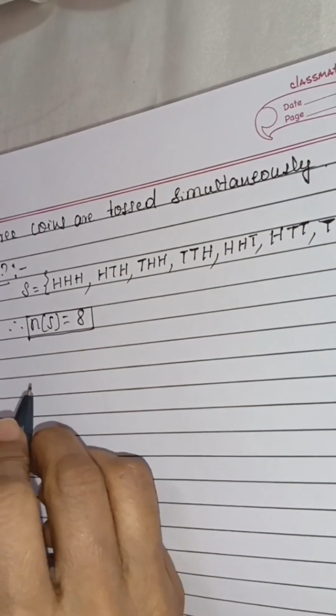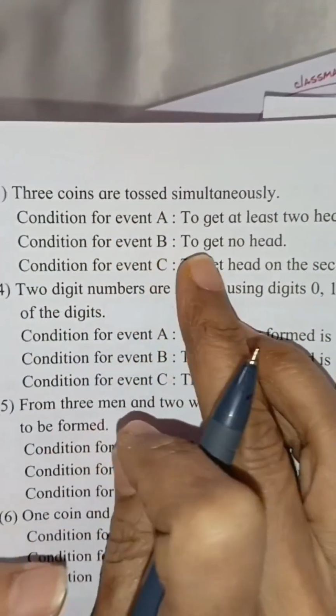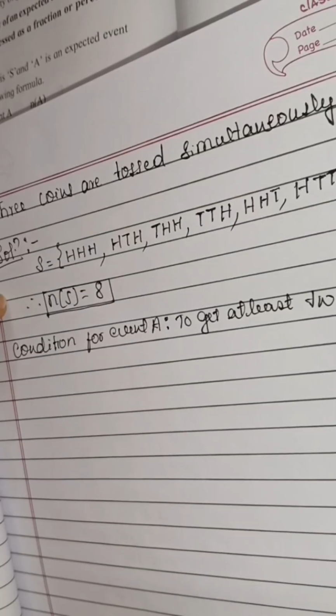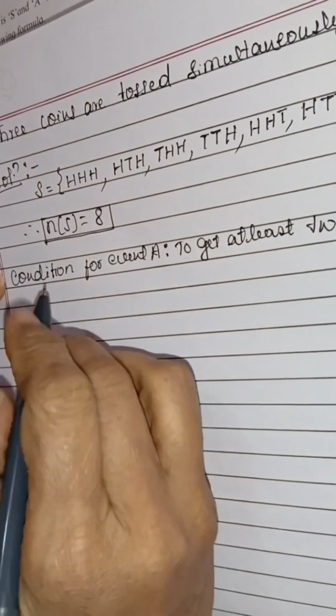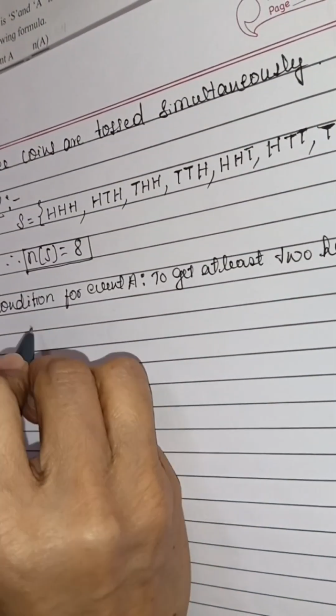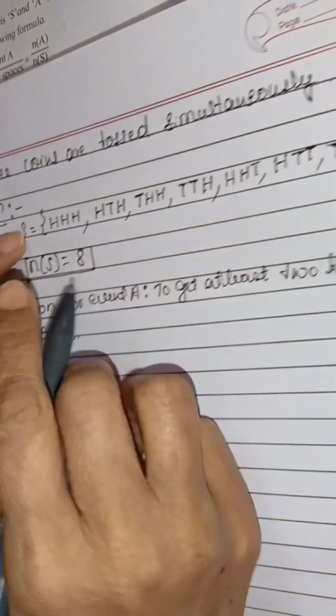Now events. For event A, the condition is to get at least 2 heads. For that we have to write event A, that is 2 heads.